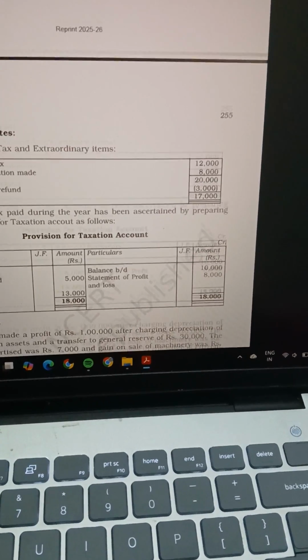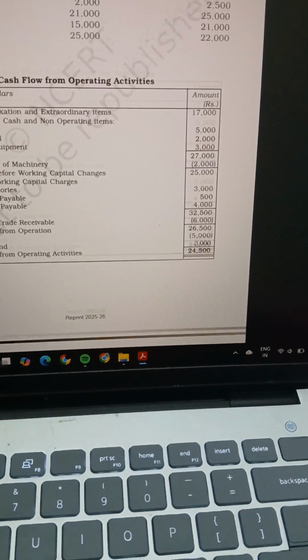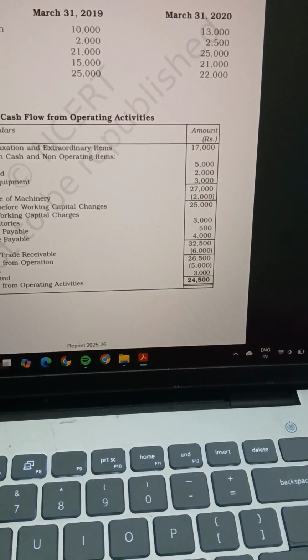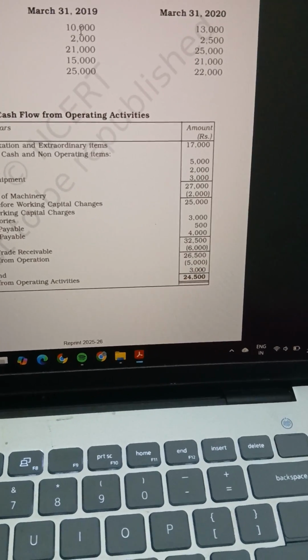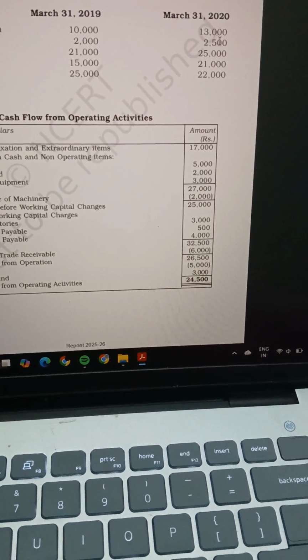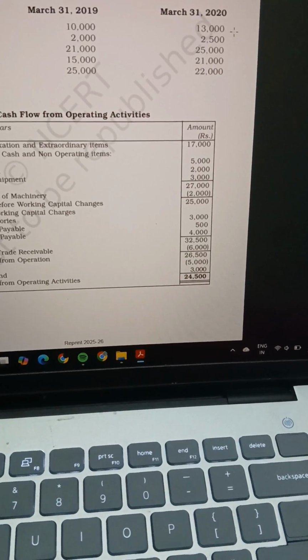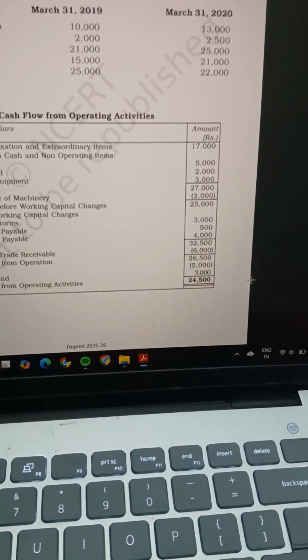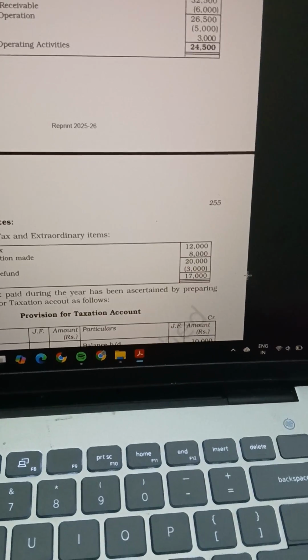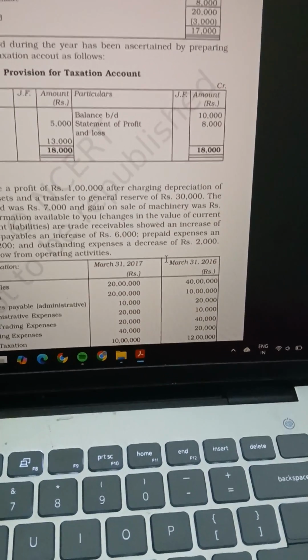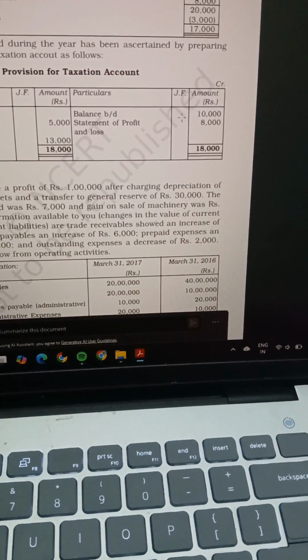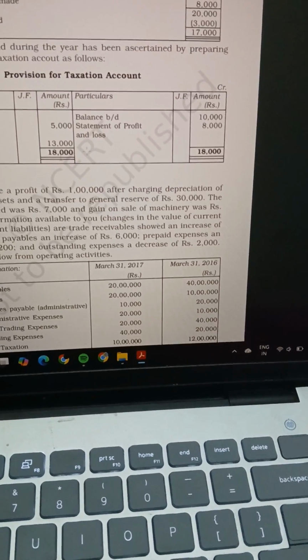I will show you the amount given. The provision for taxation in the previous year is 10,000. This year the closing figure is 13,000. So the 10,000 previous year amount will be the balance brought down.